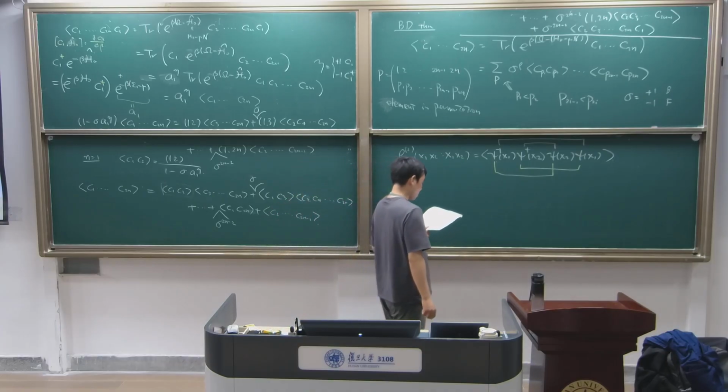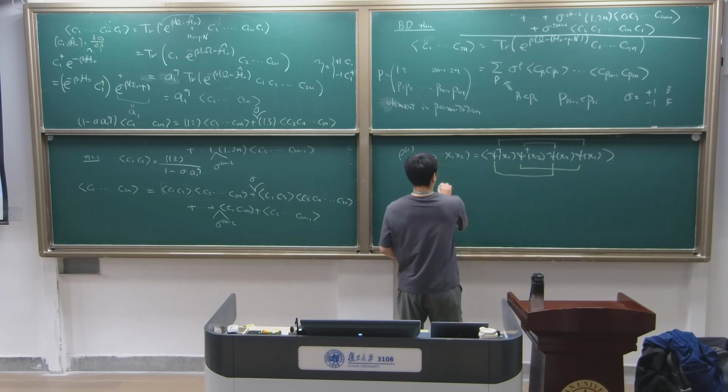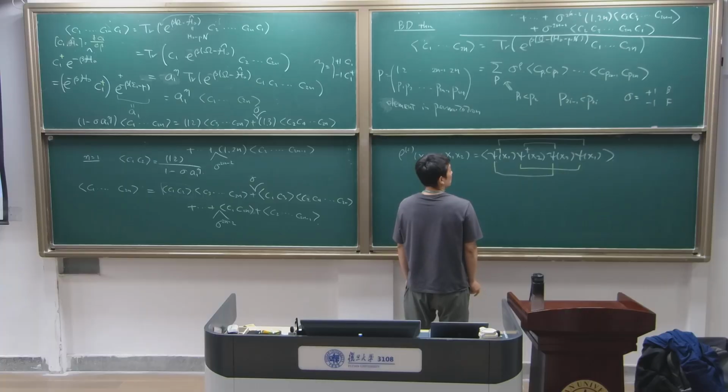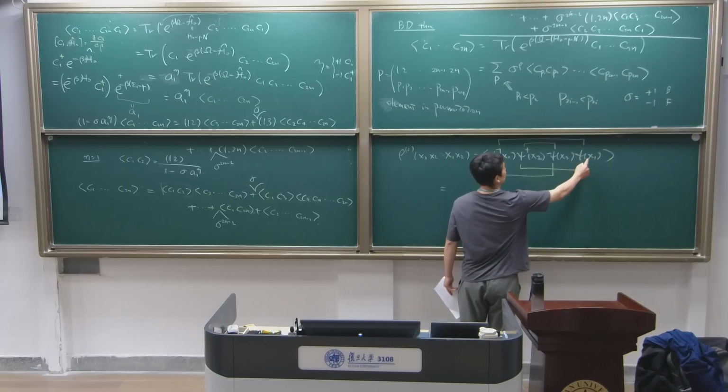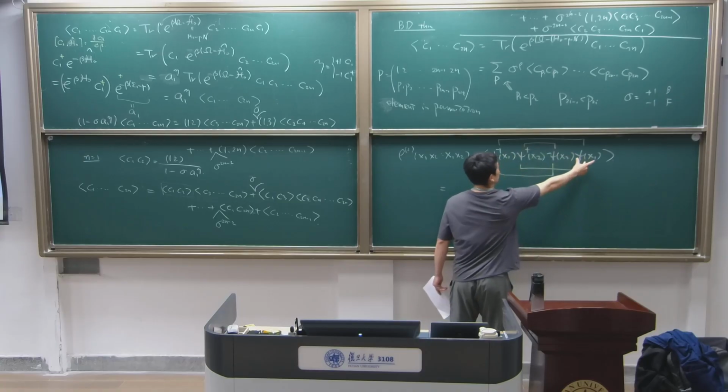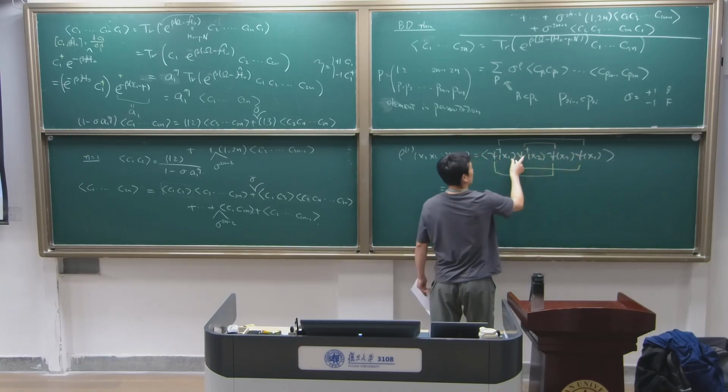Okay. And this can be understood as follows. If you try to bring this guy to contract with psi dagger and psi, you need to bring this guy twice. You need to shift twice.